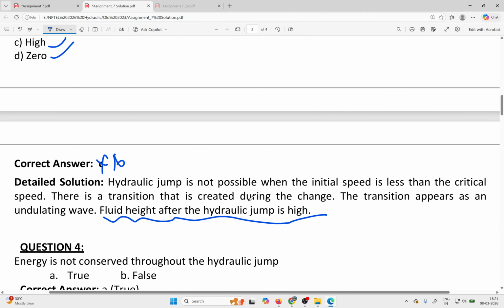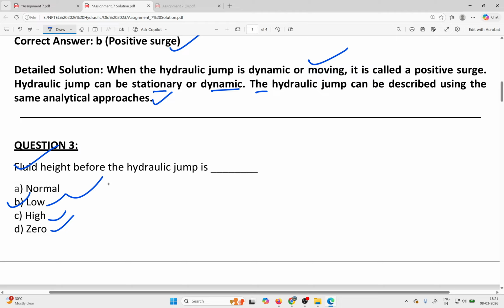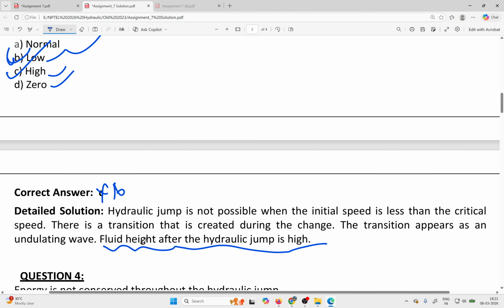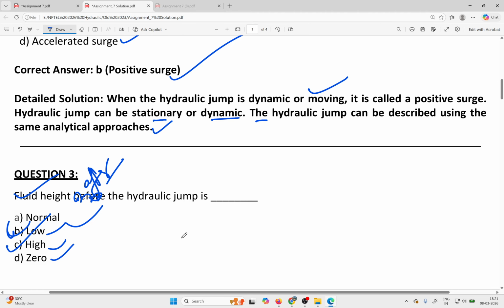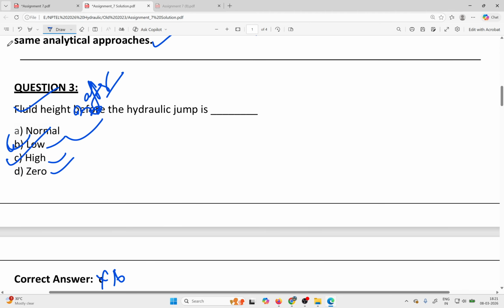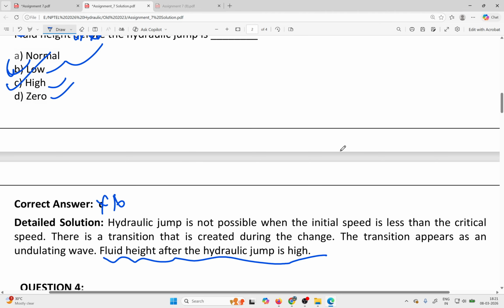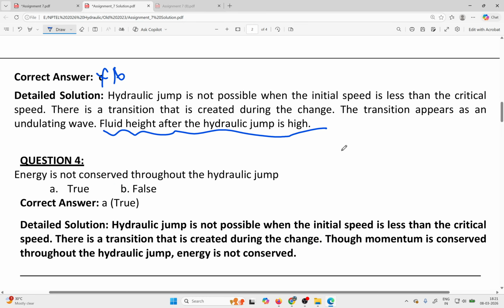The explanation is given, but in place of before, here it should be after. Then option C is correct, no issue for question number 3, because the detailed solution is explaining the height after the hydraulic jump. Maybe it is a typing mistake. So if it is before, then low. If it is after, then high. So now we'll move on to the next one.